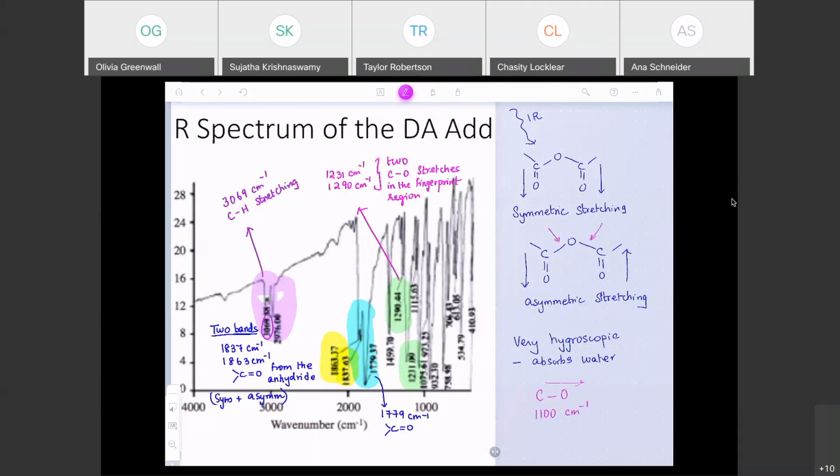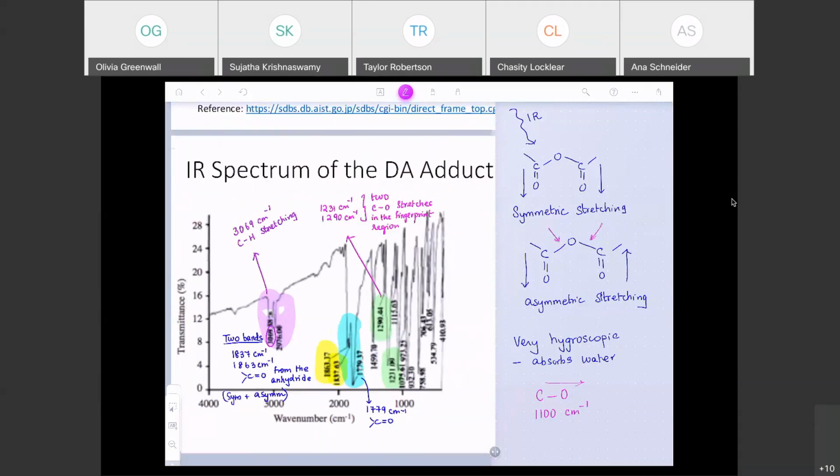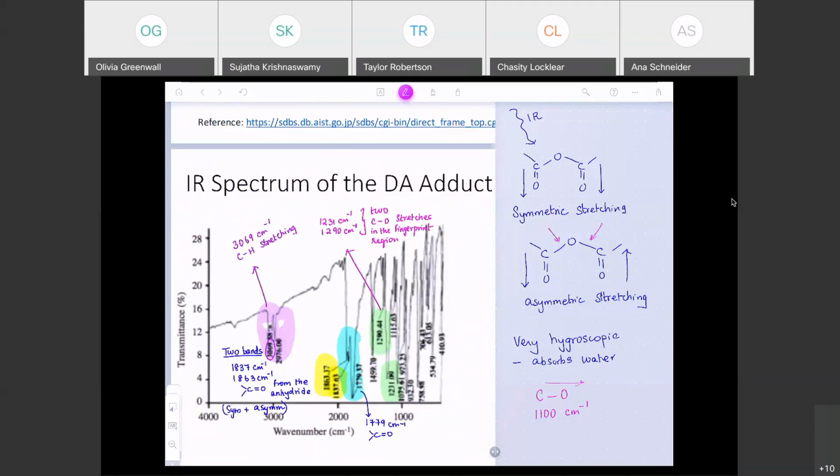Apart from that, the carbonyl stretching itself has been identified. The two carbon-oxygen stretches in the fingerprint region have been identified, okay? So you will explain all of this. There's no explanation other than stating the values and the stretches.